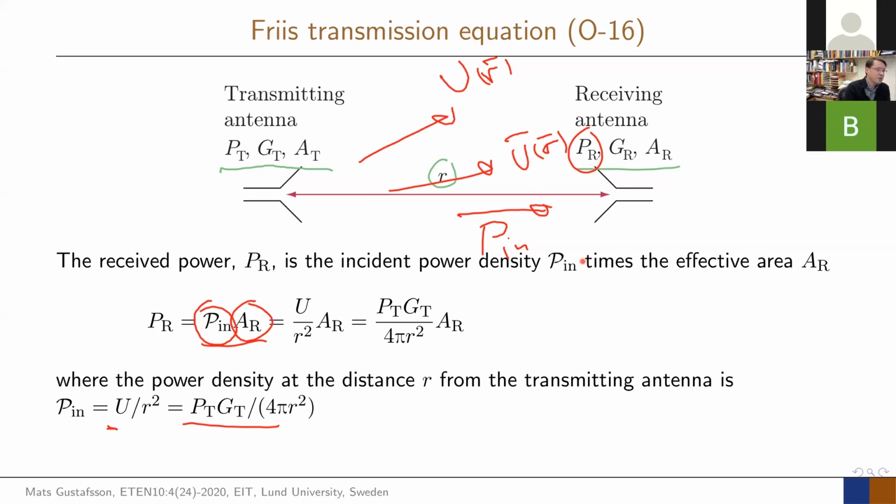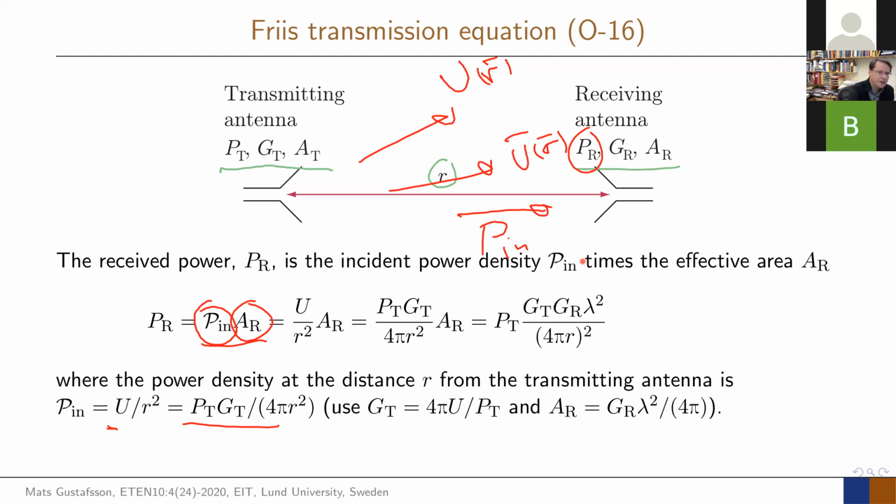And in the next case, I have the effective area, which is related to the gain of the receiver. And if I plug that in, I have my Friis transmission formula. So that is the one that you used so far, where it is the product of the gains, lambda squared, transmitted power, and then divided by (4 pi R) squared.